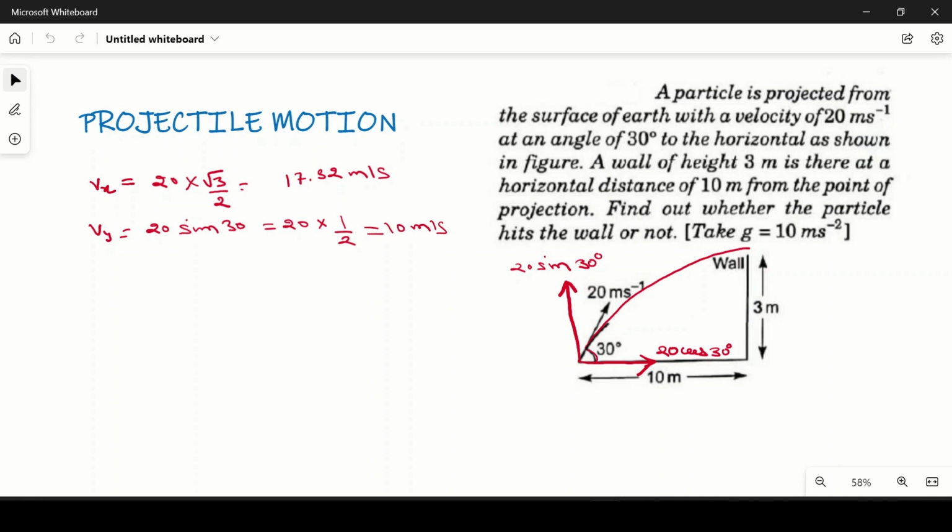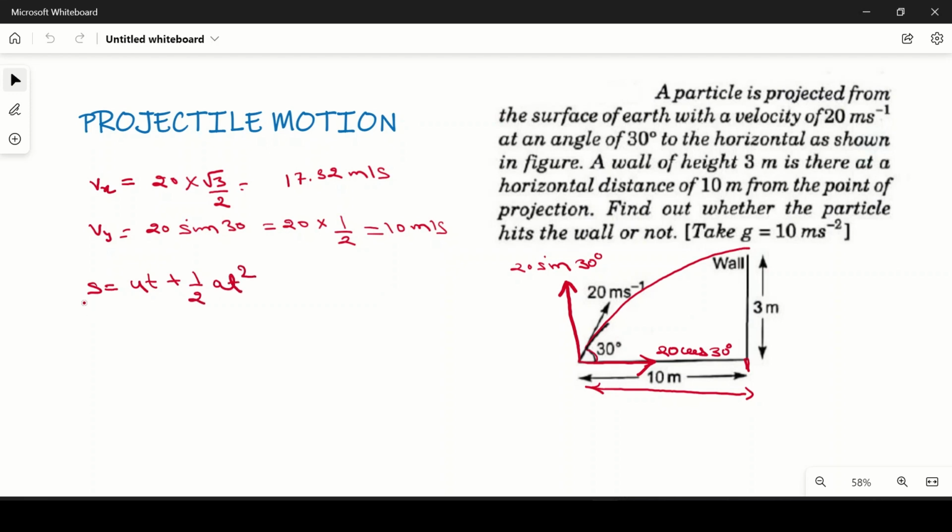Now, say this distance is 10 meter. So we will calculate how much time this particle will take to hit this wall, to travel up to 10 meter. In horizontal direction, we have the equation S is equal to ut plus half at square.